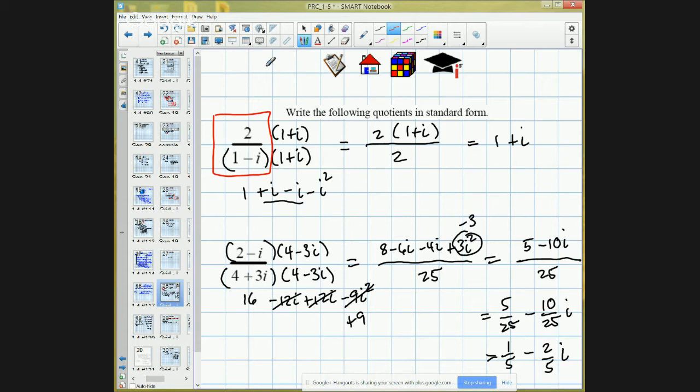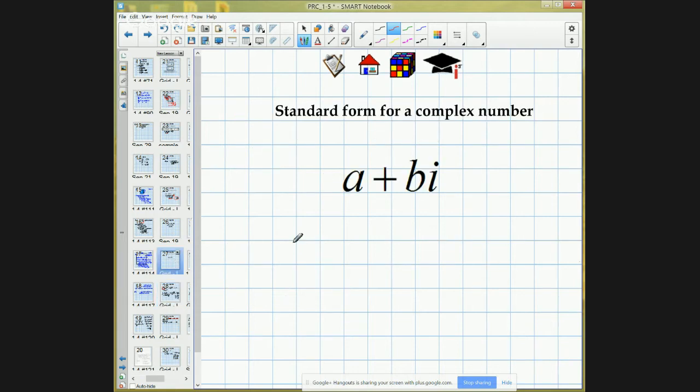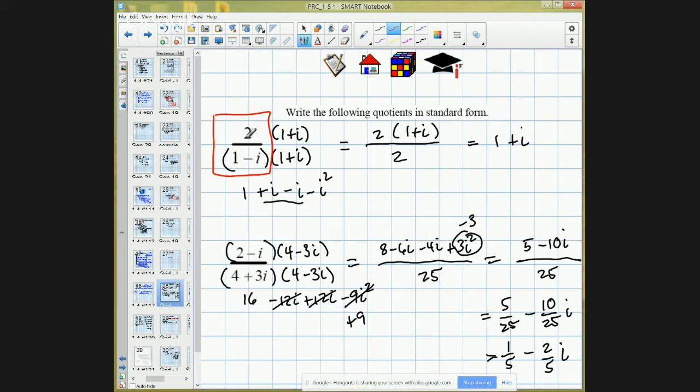So, in standard form, let me just go back and emphasize this one more time. In standard form, we need to have the real number added to the imaginary number. And so when you go back to this first problem on this page, I can't have the i in the denominator like that.